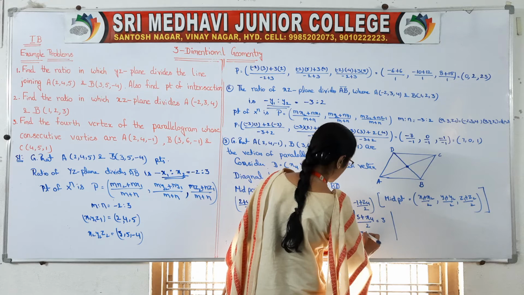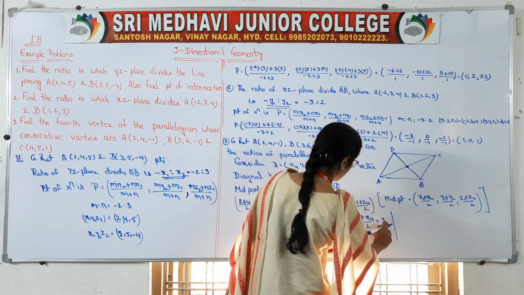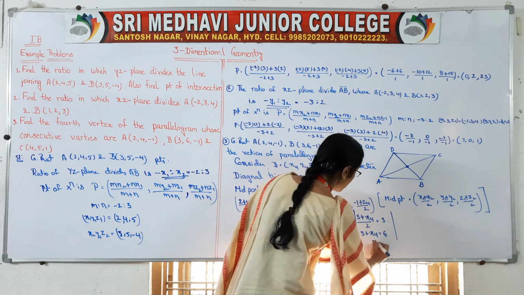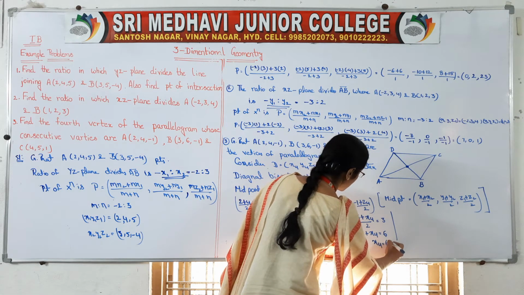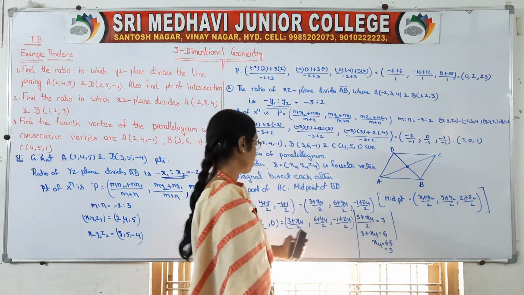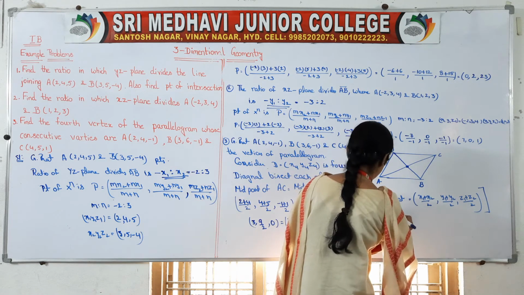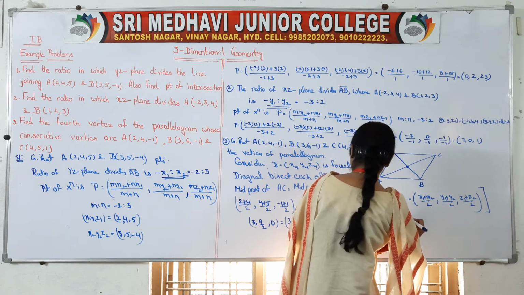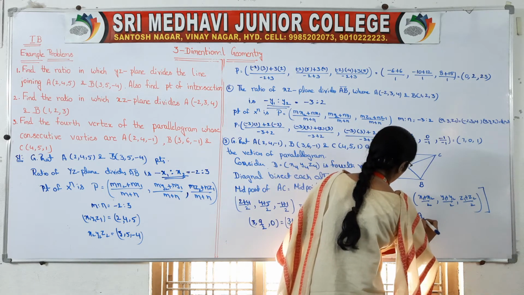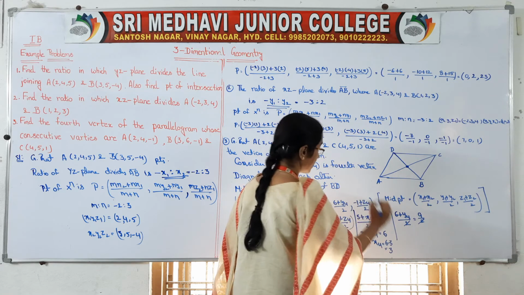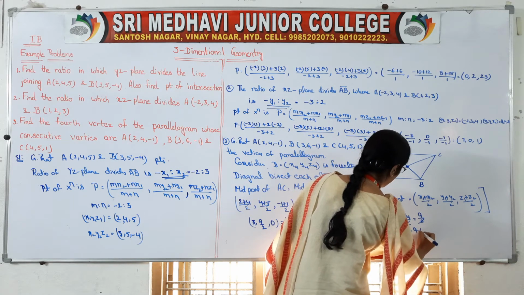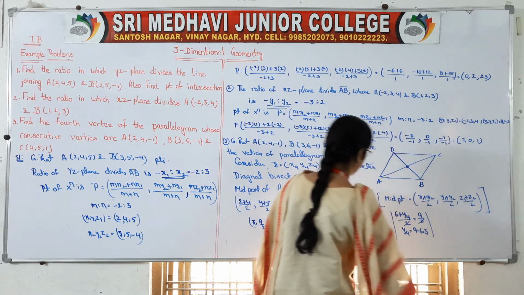So 3 plus x4 is equal to 6, so x4 is equal to 6 minus 3, that is 3. Next y coordinate: 6 plus y4 by 2 is equal to 9 by 2. The 2s cancel, so y4 is equal to 9 minus 6, that is 3.